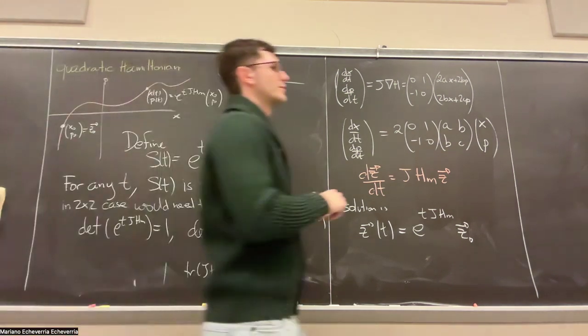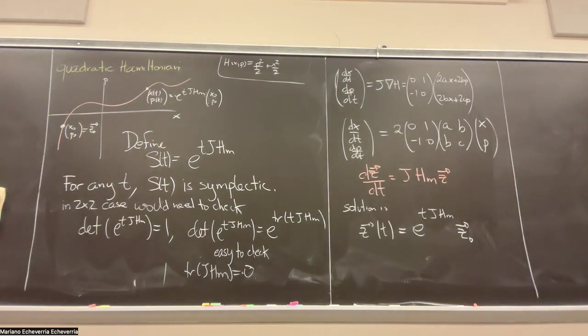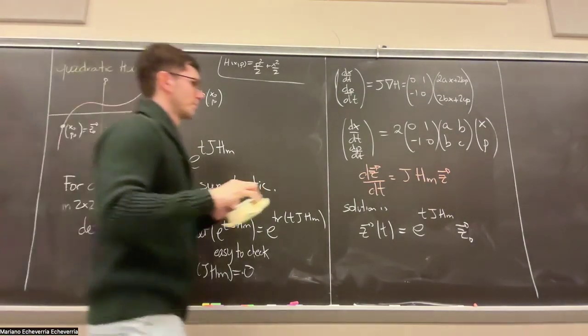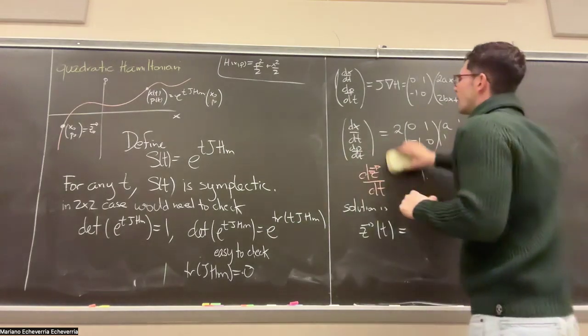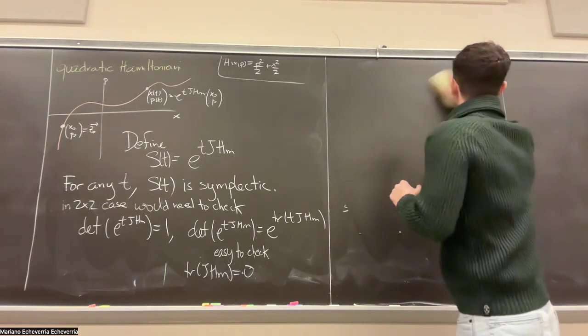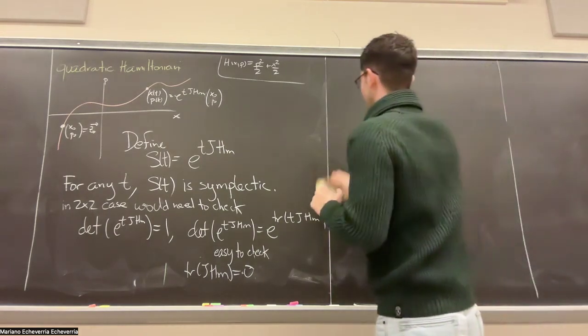What's more fun is to try to verify this with the actual definition of being symplectic, because that is a more fun exercise in properties of the exponential and linear algebra.